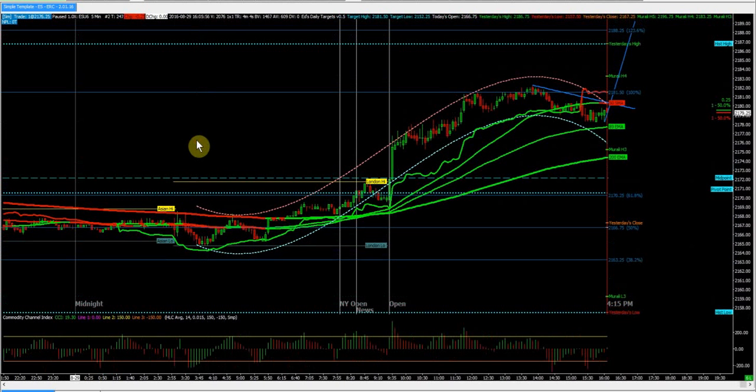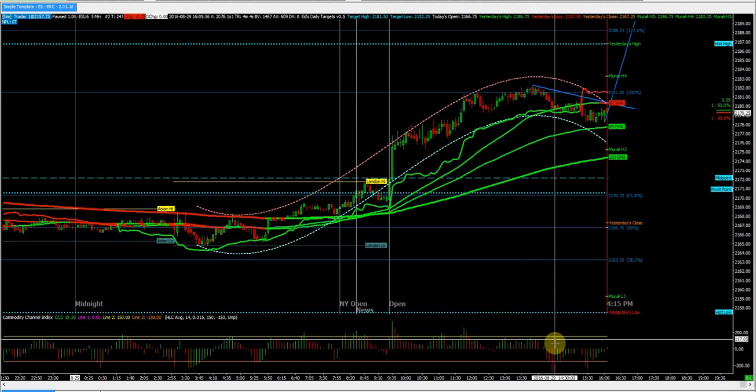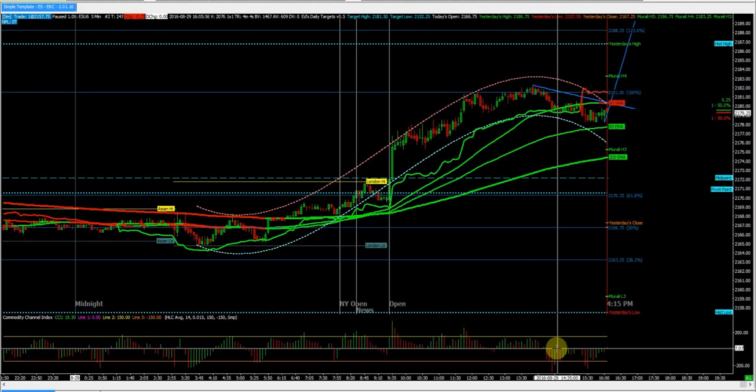The zero line on the CCI is usually an indicator of a trend change. When you see the CCI crossing either above or below the zero line, most people tend to think, you know what, there's a trend change there.